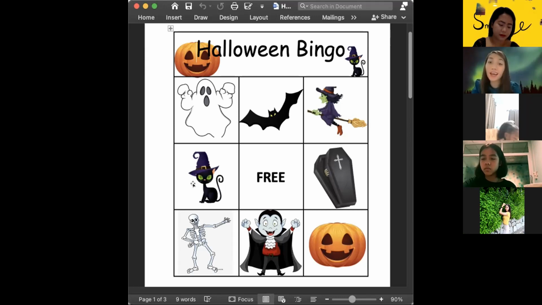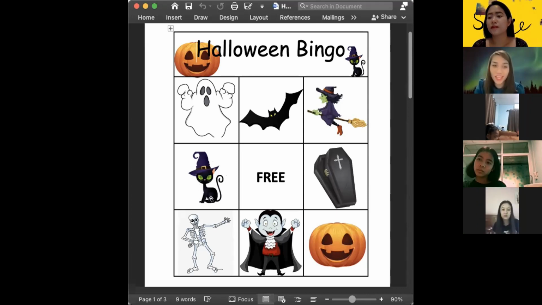So this is a cat, specifically a black cat. They believe that a black cat is a symbol of misfortune. That's why they say if you see a black cat, don't go on with what you're doing, because you will get misfortune. Very good.